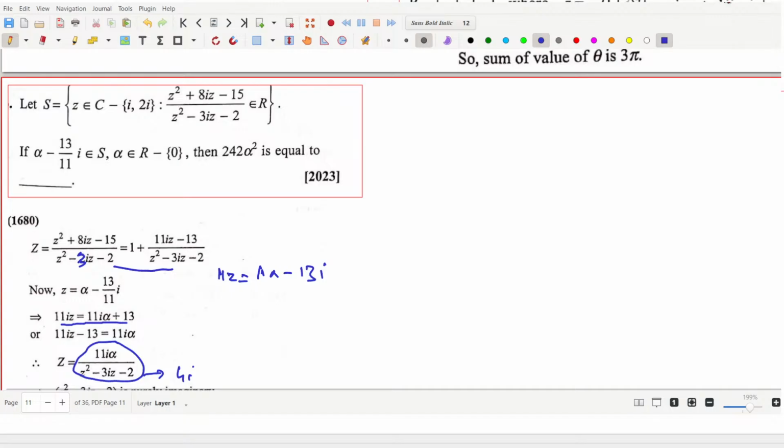I think you don't have it. The NCERT syllabus is very limited compared to the AP syllabus. Okay, I think you don't have this one. Never mind, I will tell you.